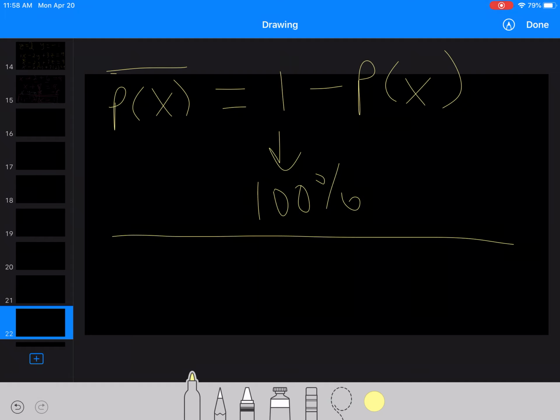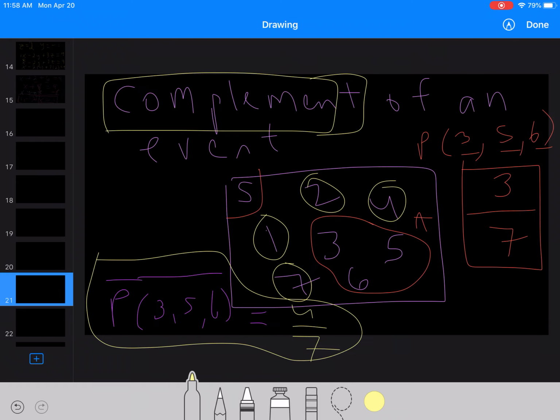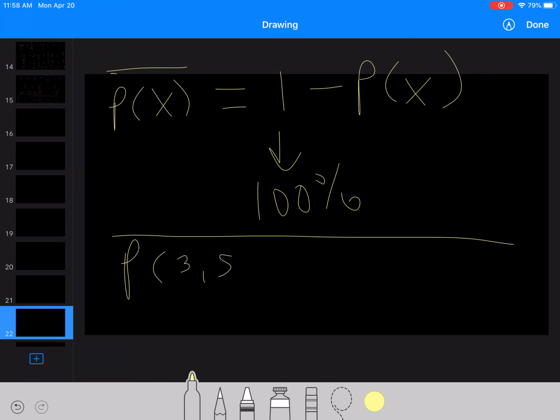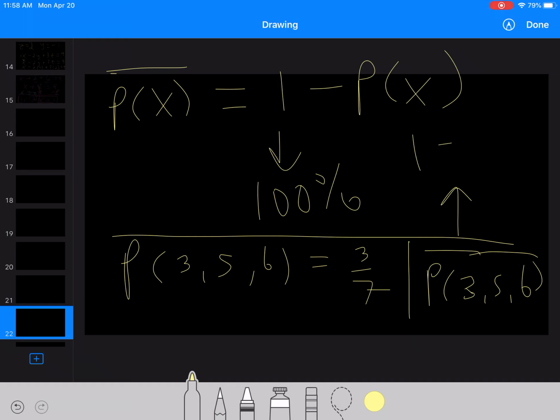So in the last example, we found the probability of 3, 5, 6 was 3/7. If we wanted to find the complement of that set, it's actually really easy once you know this formula. All we had to do was 1 minus 3/7.